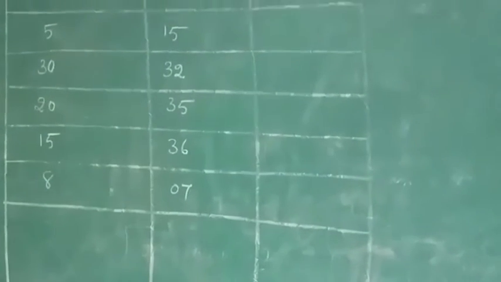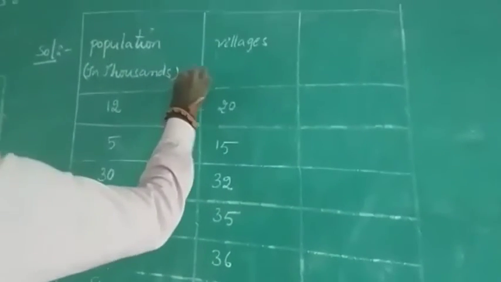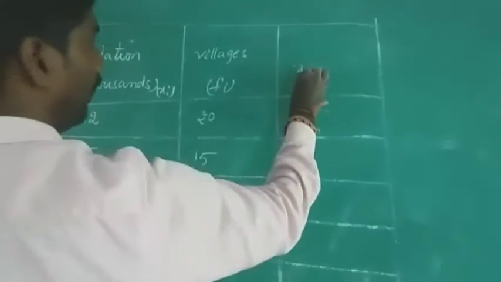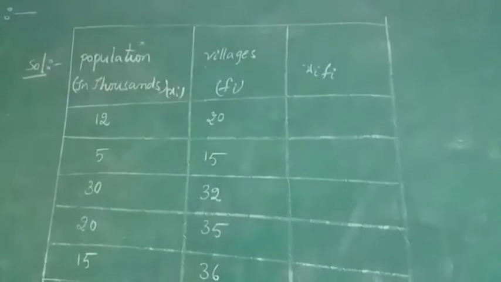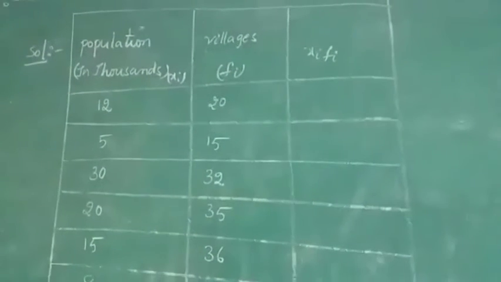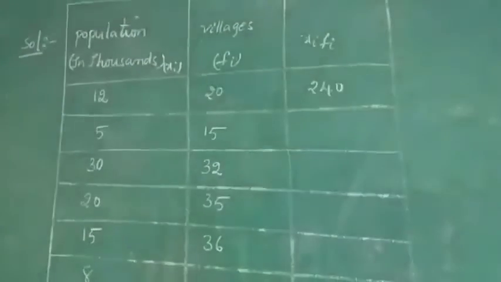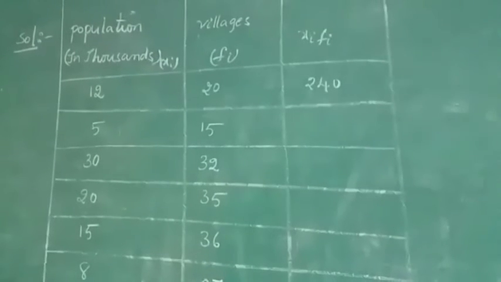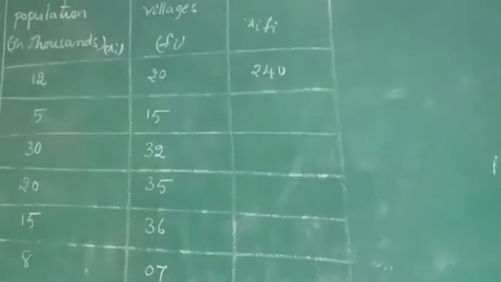So here you need to do multiplication again. We know that it is xi, it is fi. You need to do the fi xi multiplication. So 12 2s are 24, nothing but 240. 5 15s are 125, right or not? 125, right? 75.